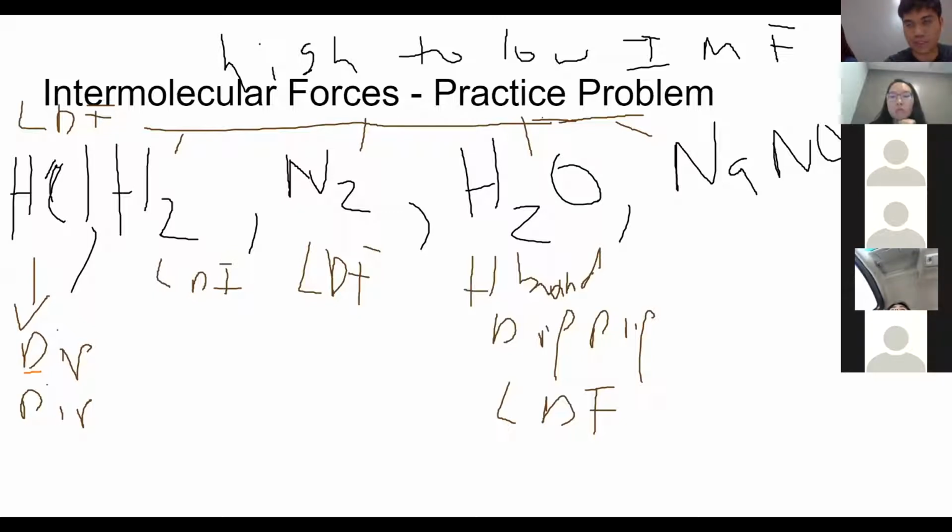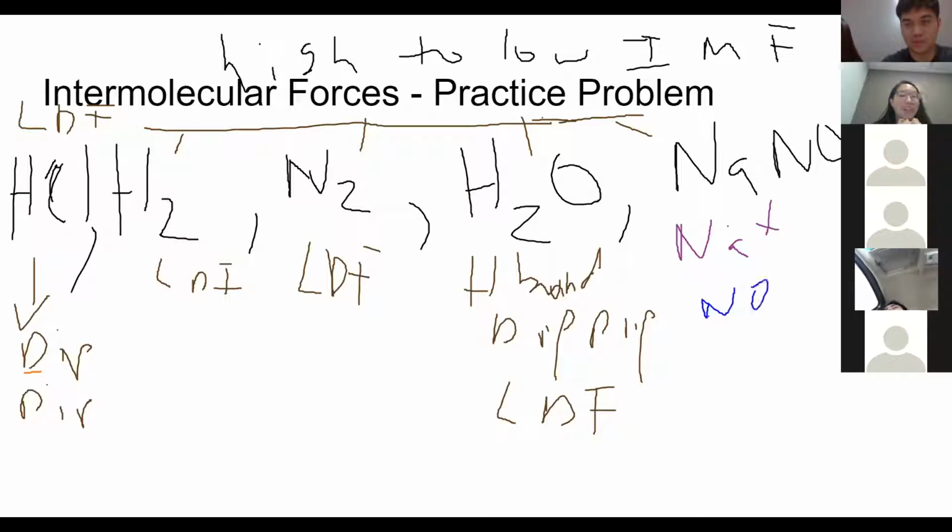And then finally NaNO3. Moving on. NaNO3, is this an ionic compound? Yes. NaNO3 is an ionic compound. Na plus and a polyatomic ion, nitrate.